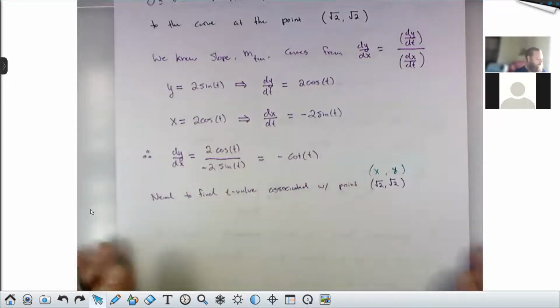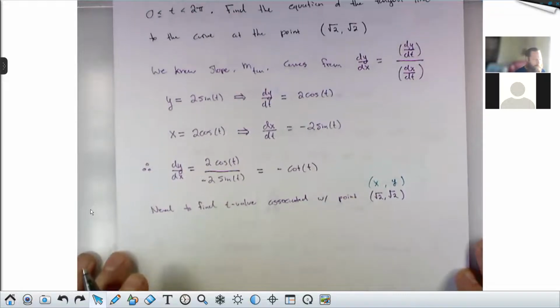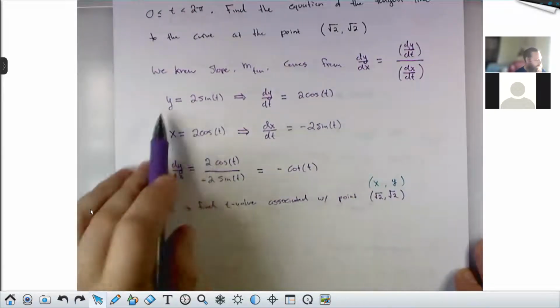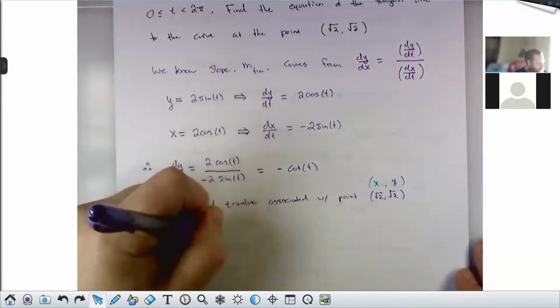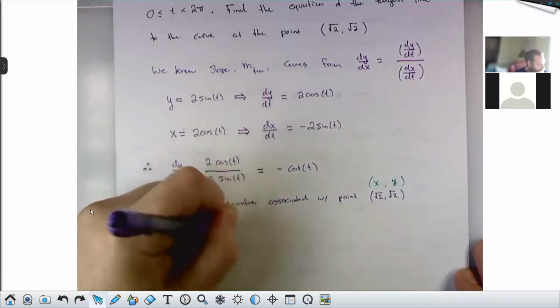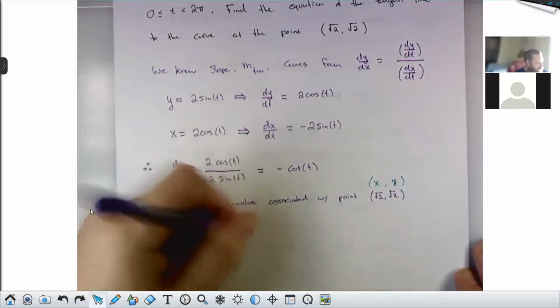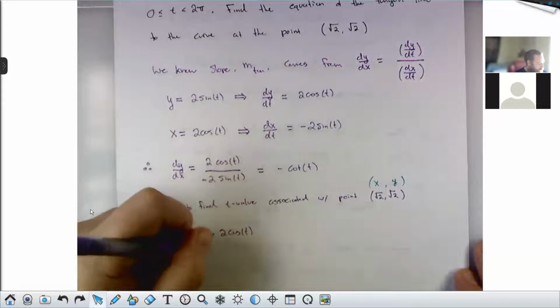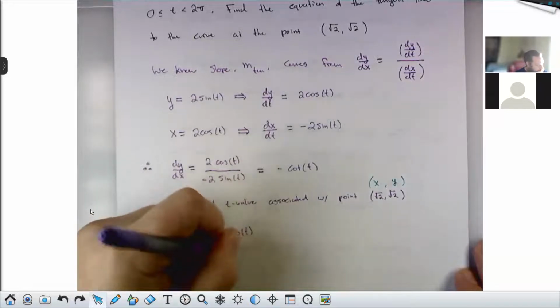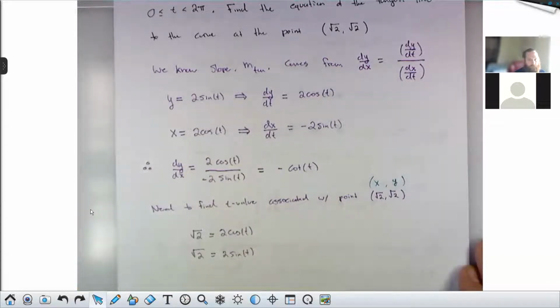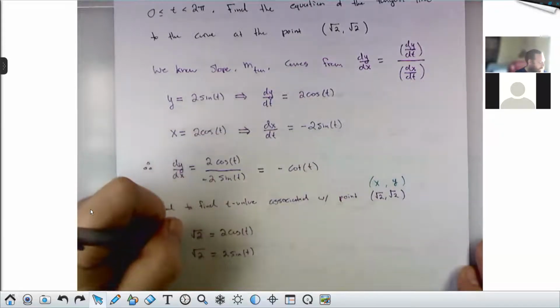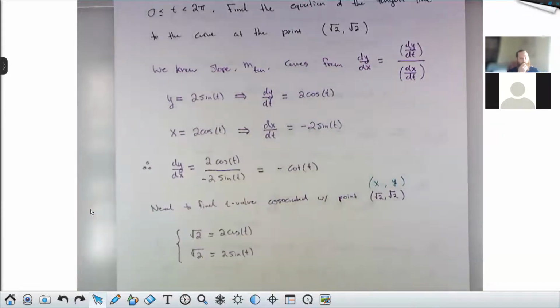So if I want to find the t value at that point, I know that x is 2 cos t and y is 2 sine t. That means I need to solve the equations root 2 equals 2 cos t and root 2 equals 2 sine t. And really, you should think of it as a system of equations. You need both of these things to be true simultaneously.